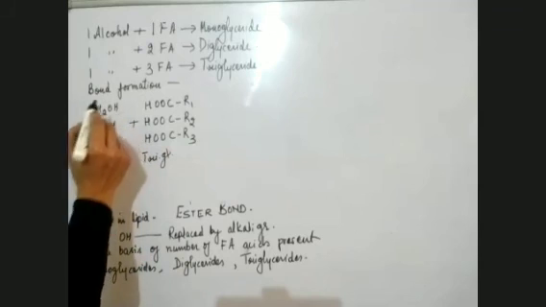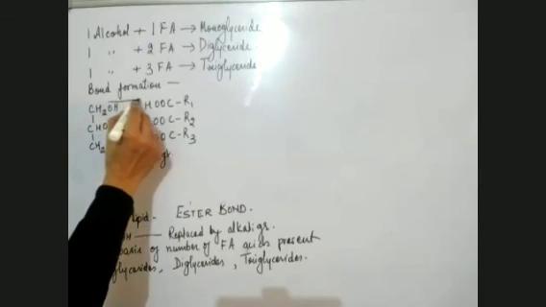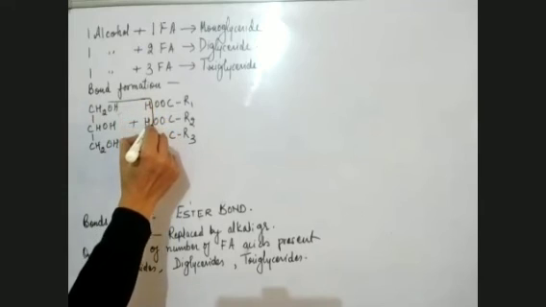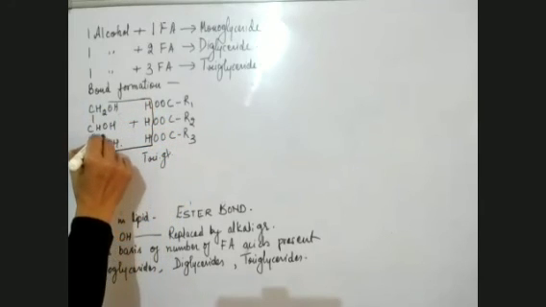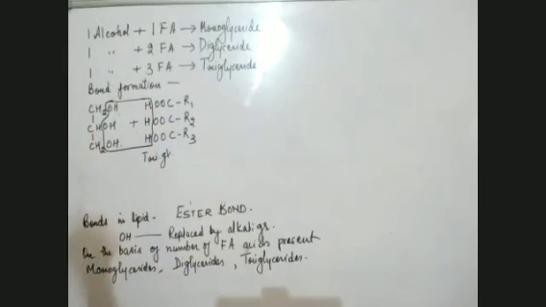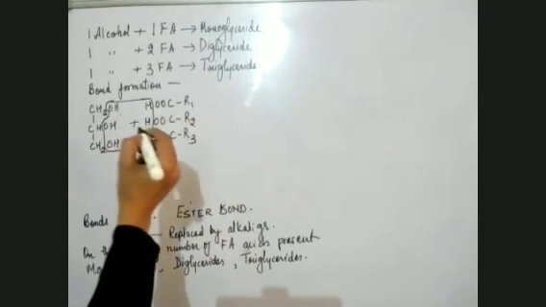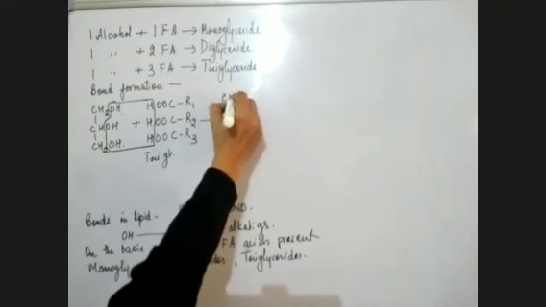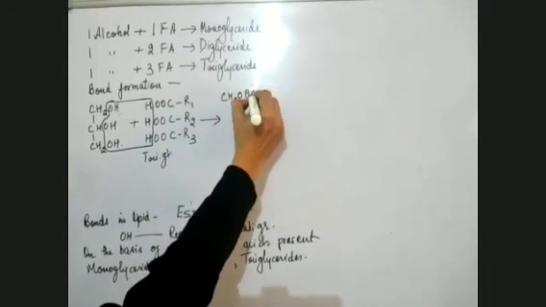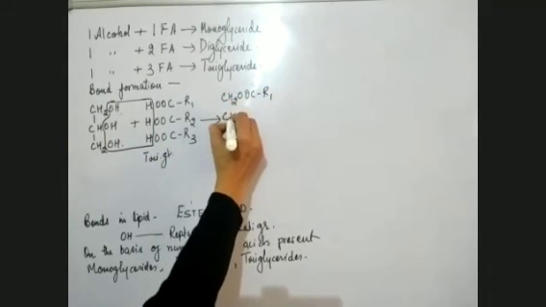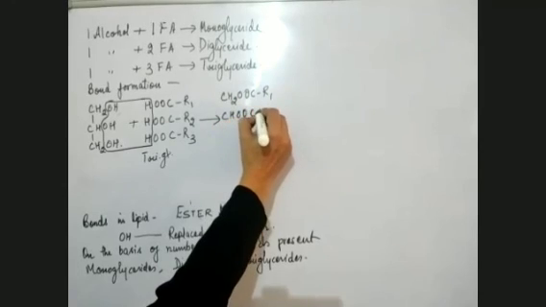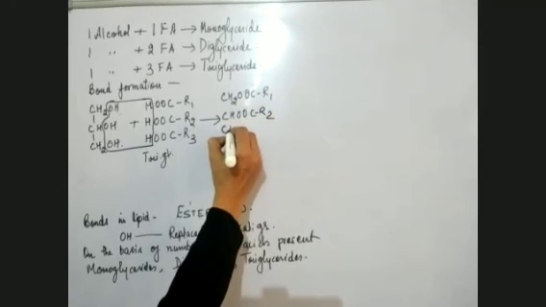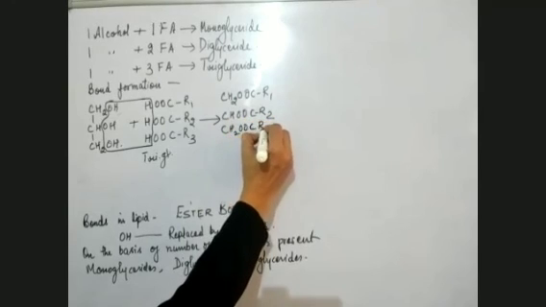When the bond formation takes place here, this combination takes place, and as a result what we get is CH2OOC R1, CHOOC R2, CH2OOC R3.